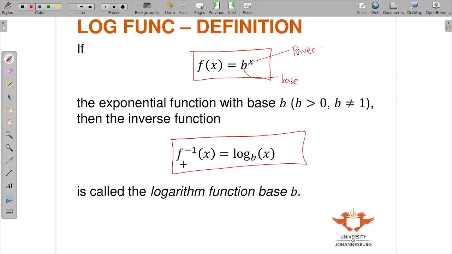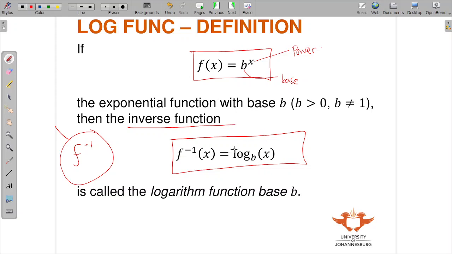Now see this inverse notation. This one is not the same thing as 1 over f, so don't convert it to 1 over f from the rules of exponential functions we learned. No, this is a notation to mean inverse. Whenever you see this notation on a function f, it means inverse.